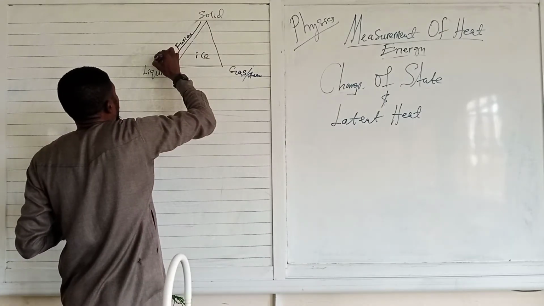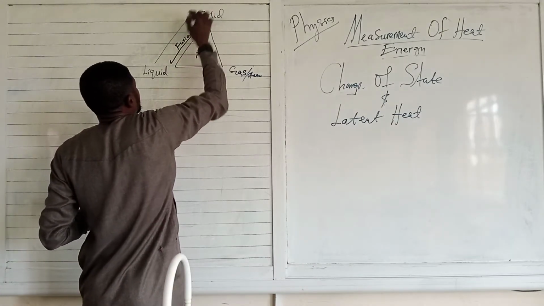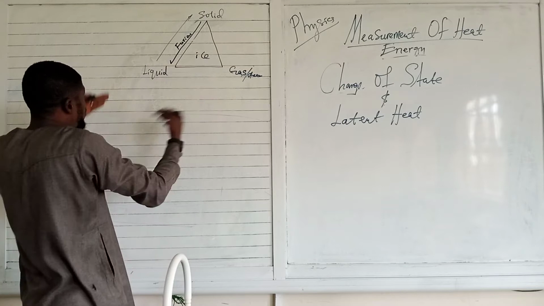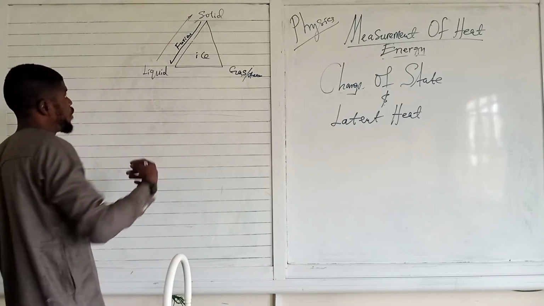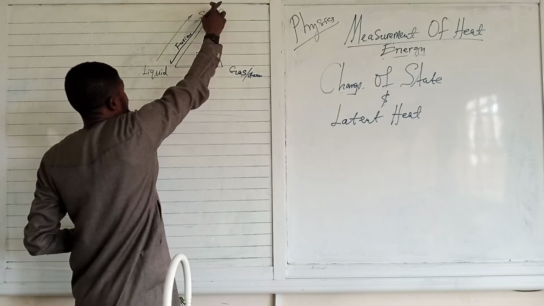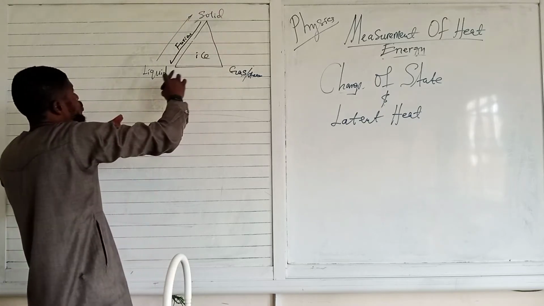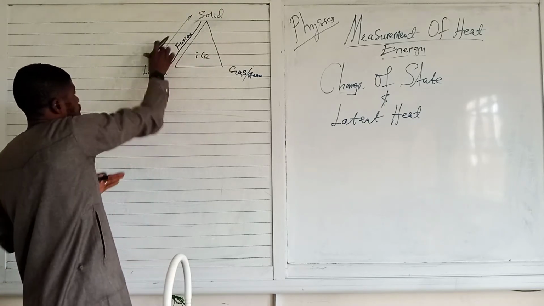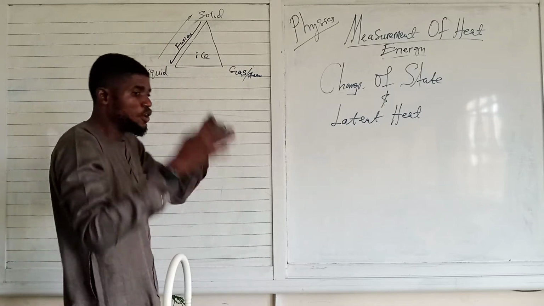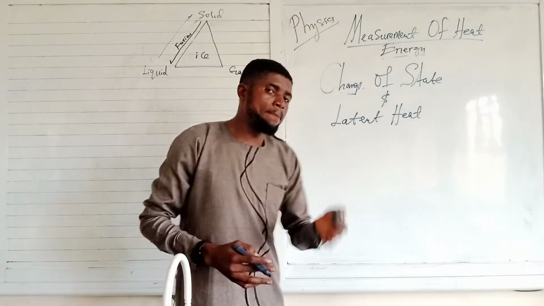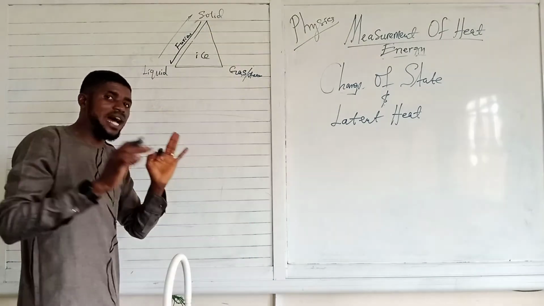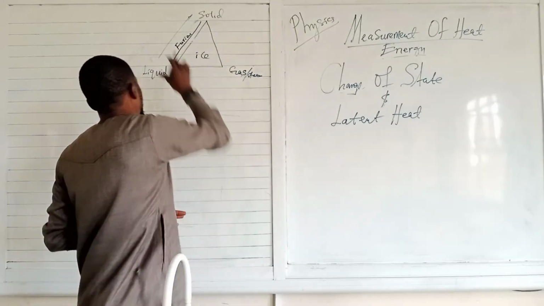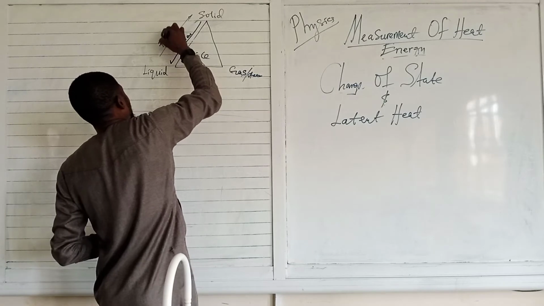So arrow up is the change of state from liquid to solid due to removal of heat energy. Change of state from solid to liquid due to addition of heat energy is called fusion. So we say that fusion is a physical process whereby matter changes from solid to liquid due to the addition of heat energy. Here we say freezing.